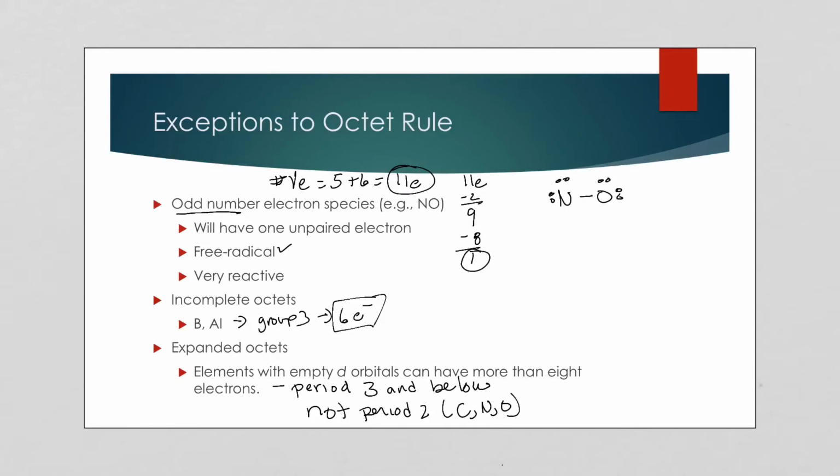So if I compare oxygen and nitrogen, oxygen is more electronegative. So one of our things that we like to think about is that the more electronegative atom is going to get more electrons. Right? So we typically want to keep more of the electrons with the more electronegative atom, or the oxygen.